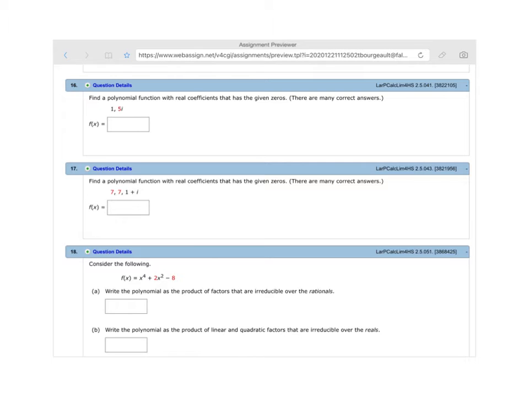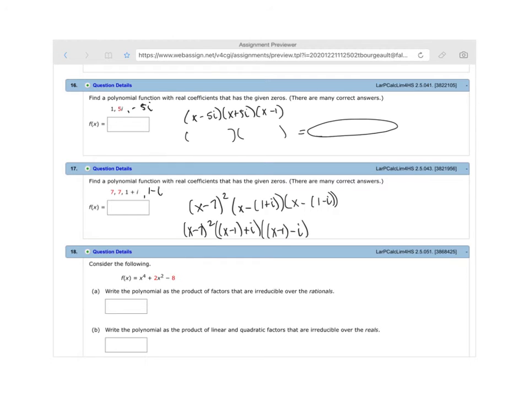And this is possibly something that some of the kids may not have remembered from last year. But we'll leave the x minus 7 for a second and we'll come back to it. This can actually be written as x minus 1 plus i times x minus 1 minus i.